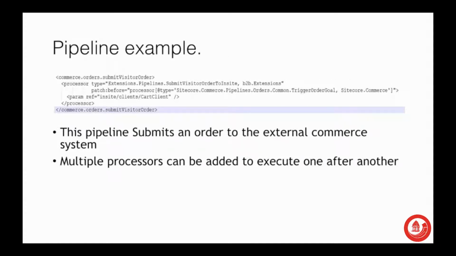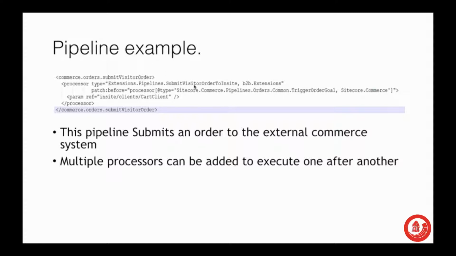Here is an example of a pipeline that you can see in the configuration files. So commerce.order.startSubmitVisitorOrder, this is a pipeline, and then inside you have a processor, and type is equal to the class that we have written. This class is not part of Sitecore Commerce Connect, so this is something that we have written for our own customization.